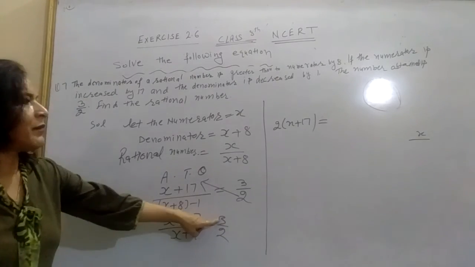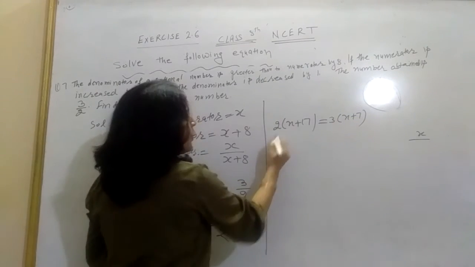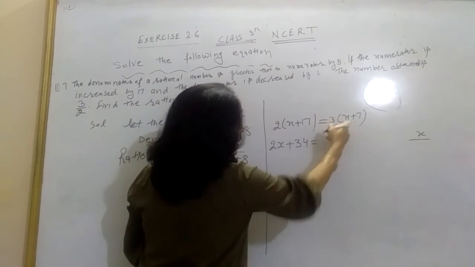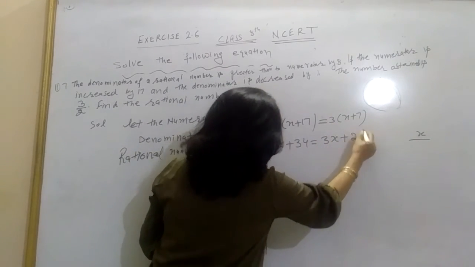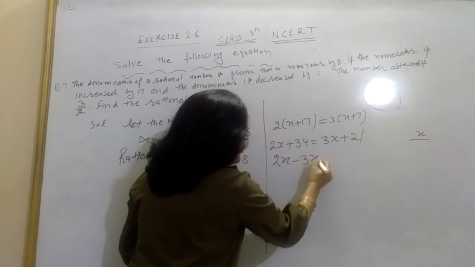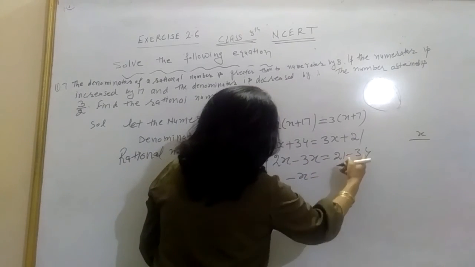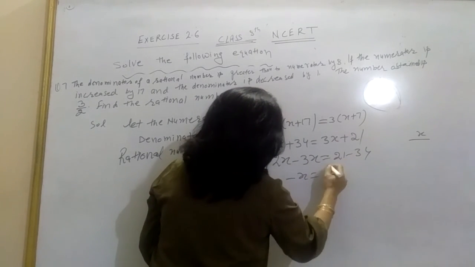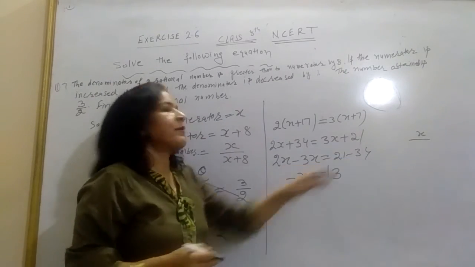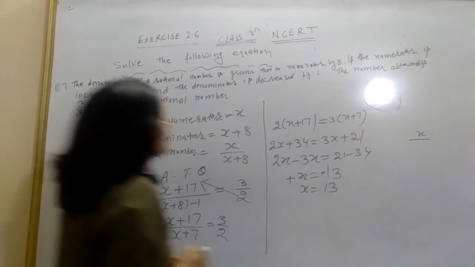So x plus 7 will be multiplied by 3. 2 into x, 2x, plus 2 into 17, 34. Then 3 into x, 3x, plus 21. Very easy for you now. That is 21 minus 34. Minus x is equal to 4 minus 1, 3, 3 minus 2, 1, but with minus sign because the term containing minus is greater. So minus cancels with minus, x is equal to 13.